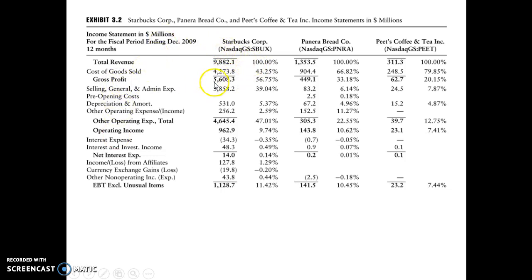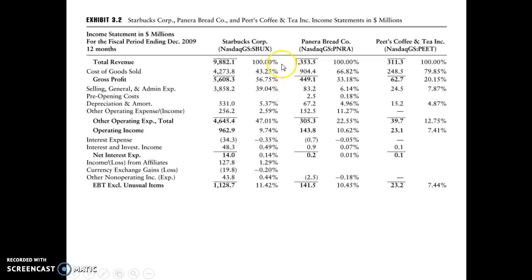Gross profit, the difference between total revenue less cost of goods sold, is gross profit, and so if we take that number and divide by 9882.1, we would come up with a gross profit margin of 56.75%. Now these percentages by themselves are kind of meaningless, but they come into value if we compare between companies or if we compare trends of the same company over periods of time.